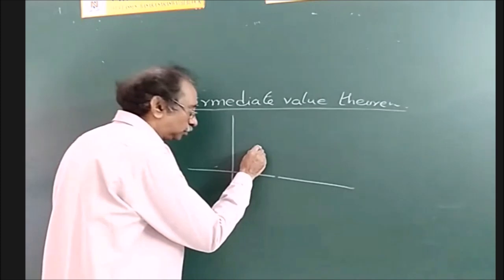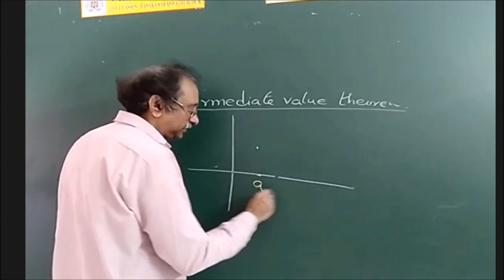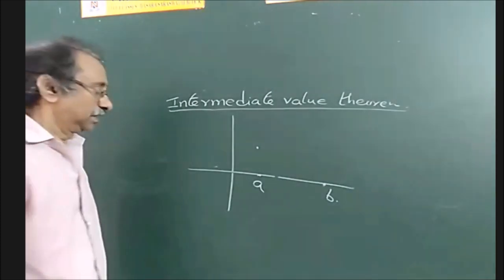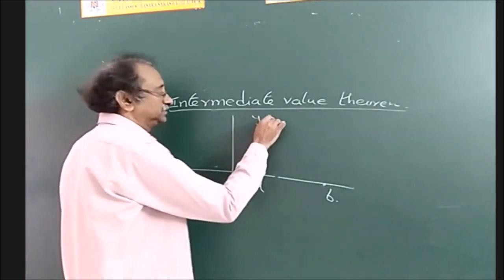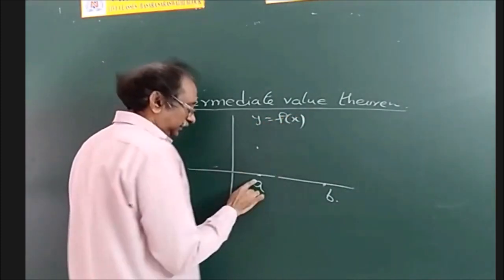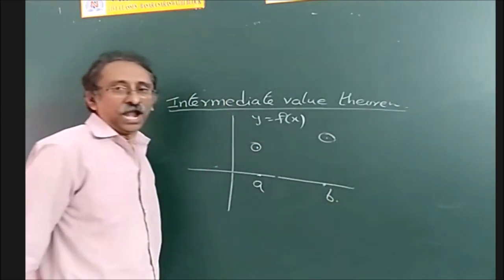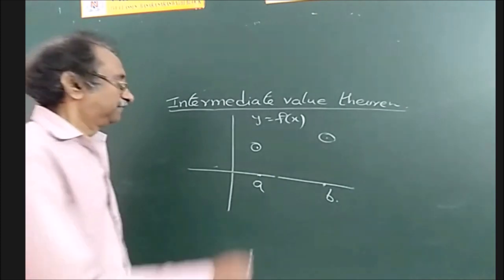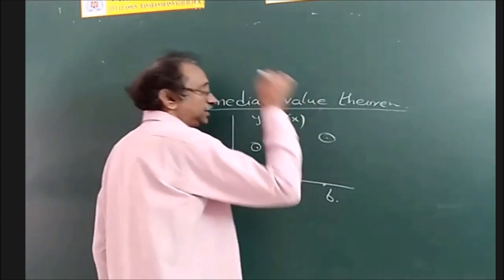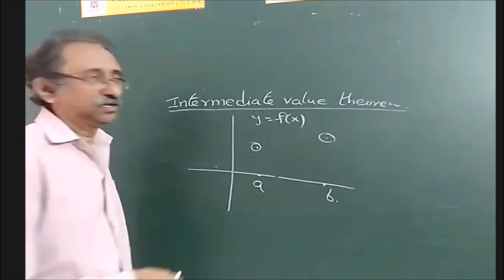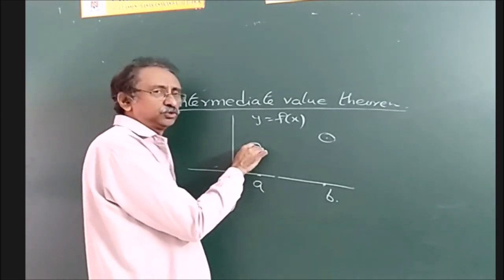Suppose there is a point A and a point B on the x-axis. For the function y is equal to f(x), the image of A is this one and the image of B is this one. You have to draw the graph from this point to this point without lifting the pen or the chalk. I can draw the graph in so many ways.